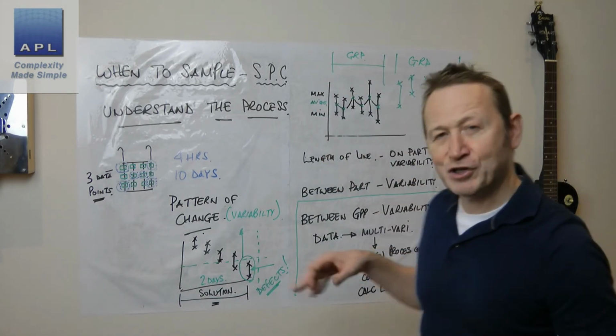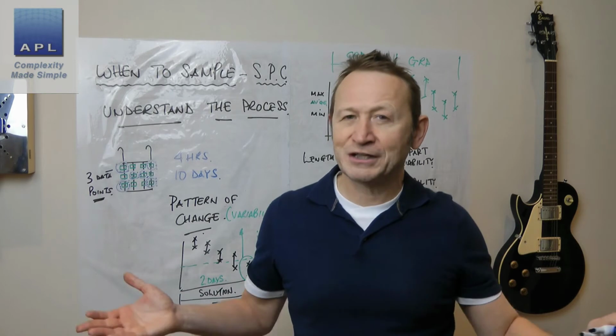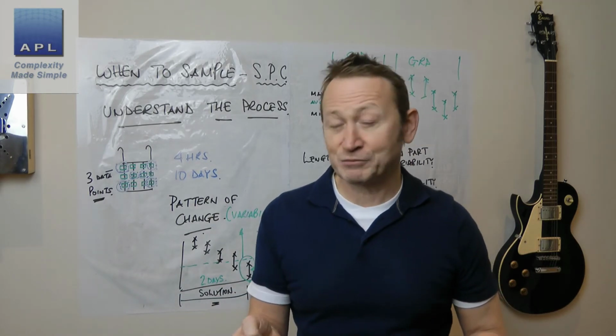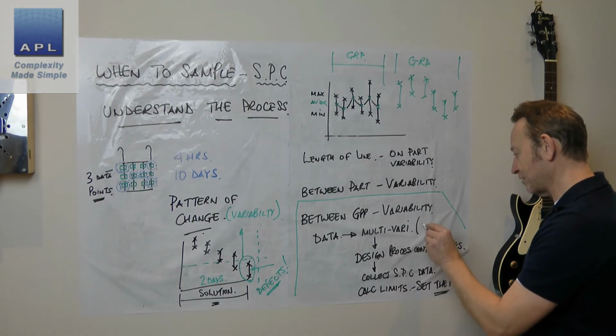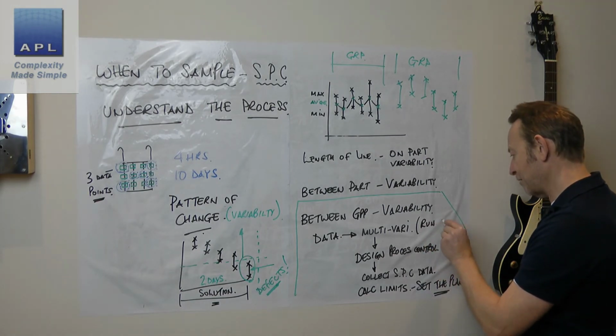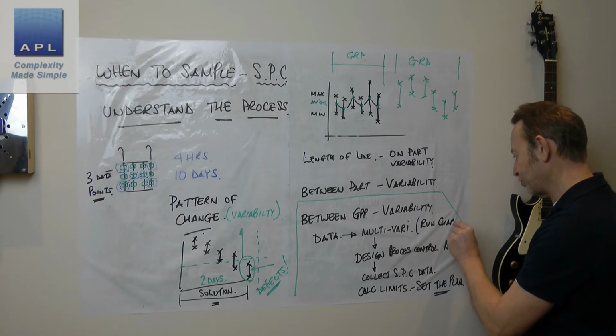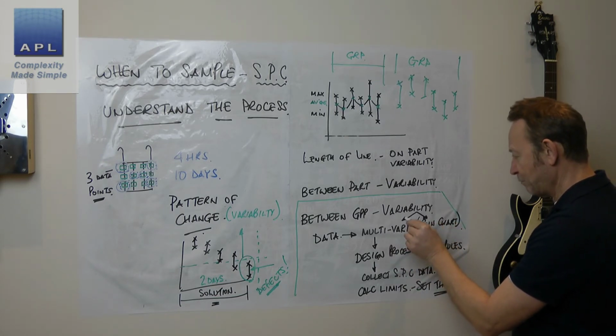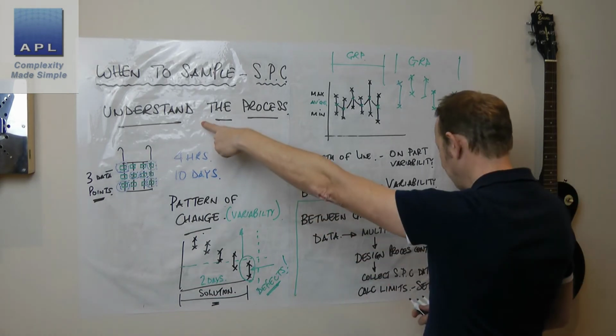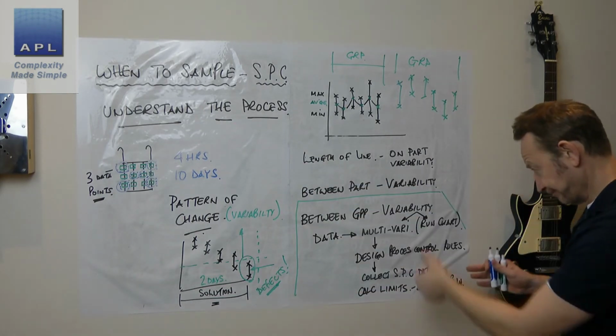Now the multivariate chart, the actual use of it, it's possible that I wouldn't always use a multivariate chart. I might just use a straight line graph. I might just use a straight run chart. But the point about these two is the same. It's to understand the process.